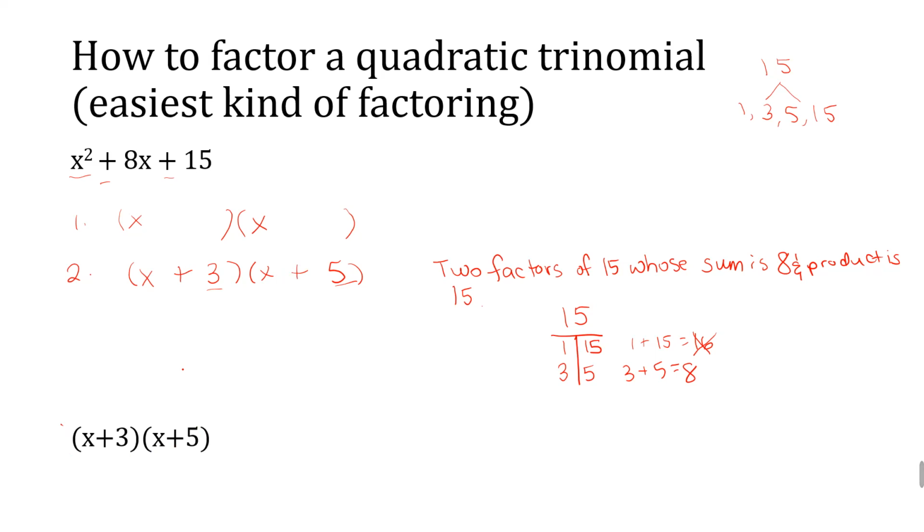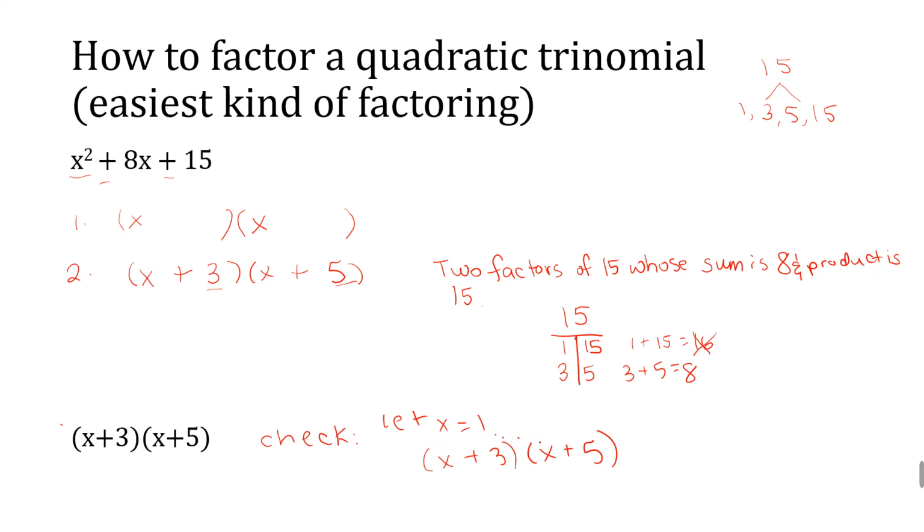So this is the answer, but now I want to check it. The fastest way, you could check it like we did in the last section, where you let x equal 1 and you plug it in and make sure you get the same answer. Or I usually check x plus 3 times x plus 5 by FOILing.